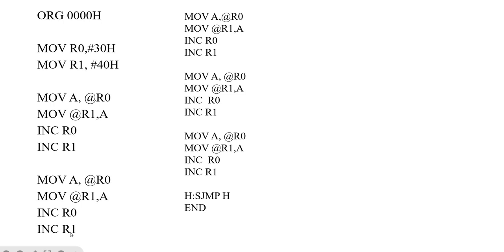Now it will become 32H and this will become 42H. Similarly, you have to do it for the next 3 iterations. So here R0 will become 32, 33, 34, then R1 will be 42, 43, 44. And here the program will end. So in total you have 5 iterations because here we are transferring 5 data from one memory location to another.